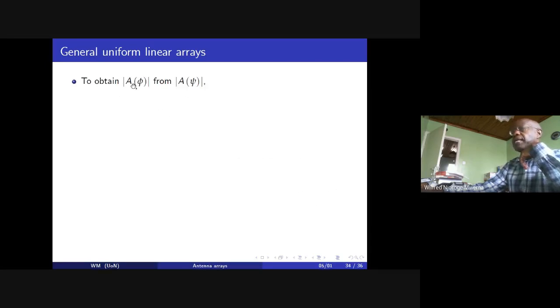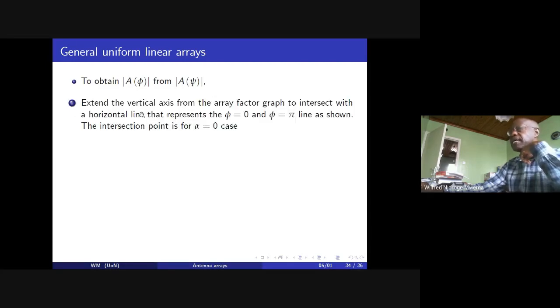So to obtain A of φ from A of ψ, what we need to do is to extend the vertical axis from the array factor graph to intersect with a horizontal line that represents the φ equal to 0 and φ equal to π line as shown, and the intersection point is for the case where α is equal to 0.